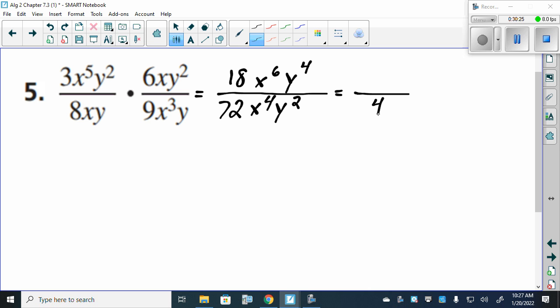I won't put the 1 in till the very end, because if there are variables up there, we really don't need it, or numbers up there. X to the 6th divided by x to the 4th is x squared, and it's bigger on top, so it'll stay on top. Then we have y to the 4th over y squared. 4 minus 2 is 2, and it's bigger on top.